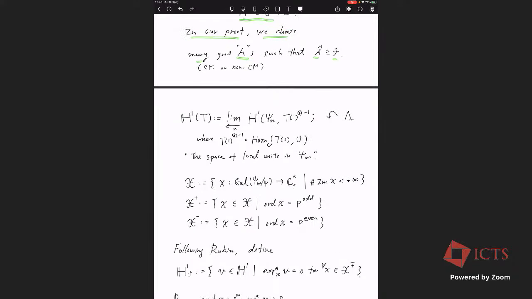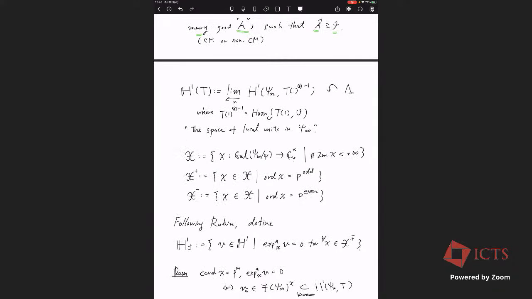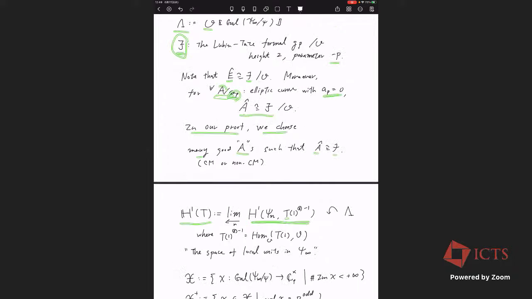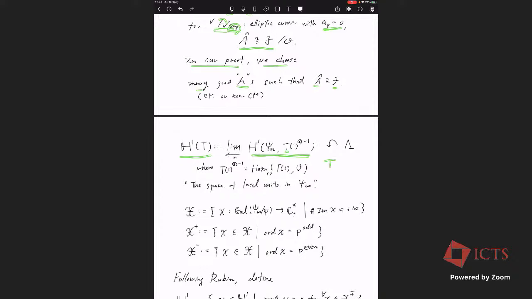Now we consider the local Iwasawa cohomology H^1(T), which is the inverse limit of the Galois cohomology at the nth layer. Here T is T_pF, twisted by the Tate twist, and the tensor with minus 1 means the O-dual of T(1).